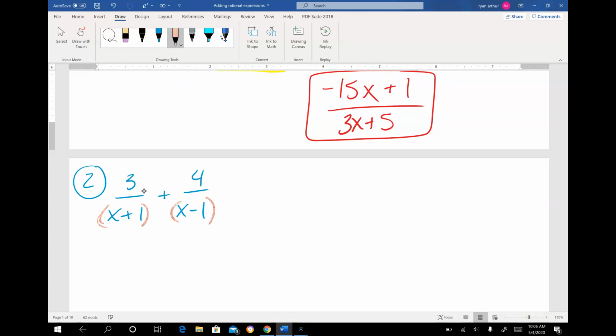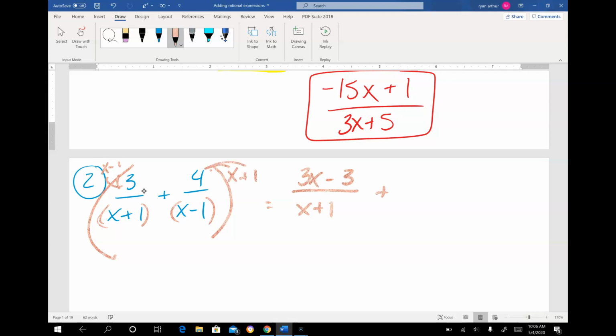This is a term, okay? I mean, it's a factor. So I need to multiply this side. It's missing the x plus 1. This side is missing the x minus 1. Okay? We got to distribute the 3. So I get 3x minus 3 over x plus 1.